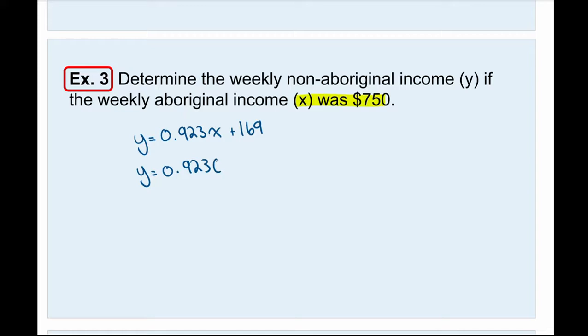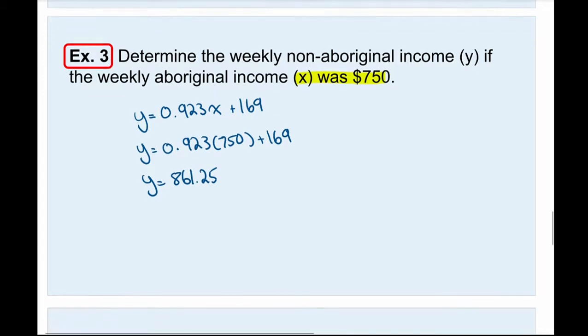So this is kind of going back to grade 9: sub in a value for x, and solve for y. So 0.923 times 750 plus 169 gives us 861.25. So if the aboriginal income was $750, the non-aboriginal income would be $861.25.